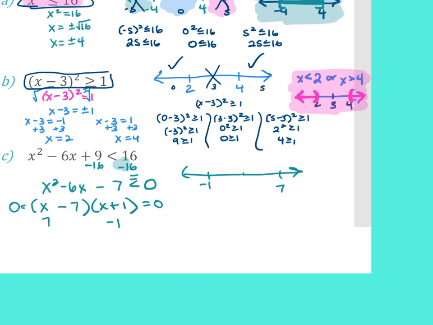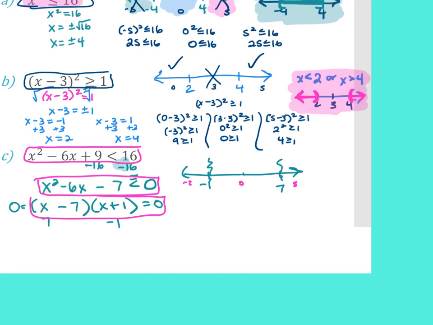Okay, so these are our sections, right? So I need a point from the left of negative 1, which would be like negative 2, a point in between negative 1 and 7, like 0, and a point bigger than 7, like 8. Now you can actually plug it into here, or you can plug it into here, or you can plug it into here. Whatever's easier.